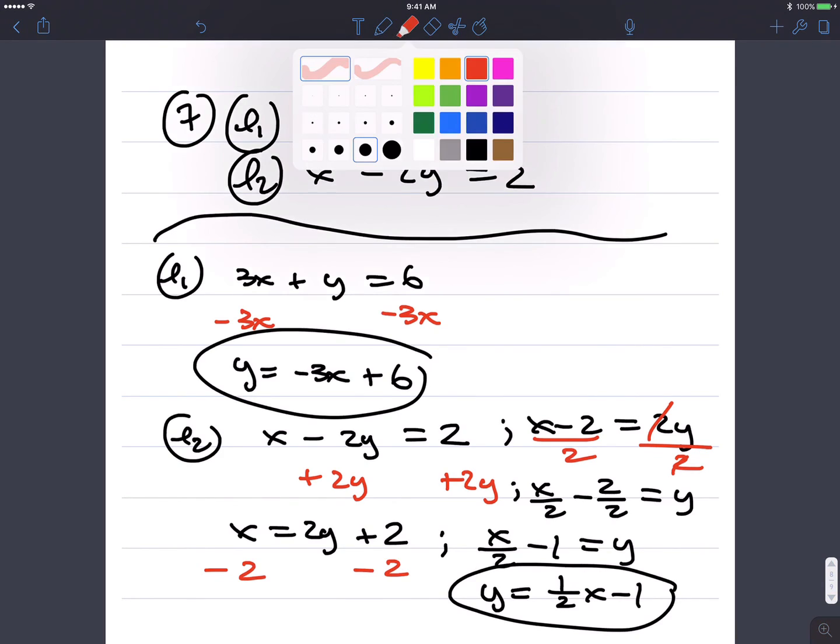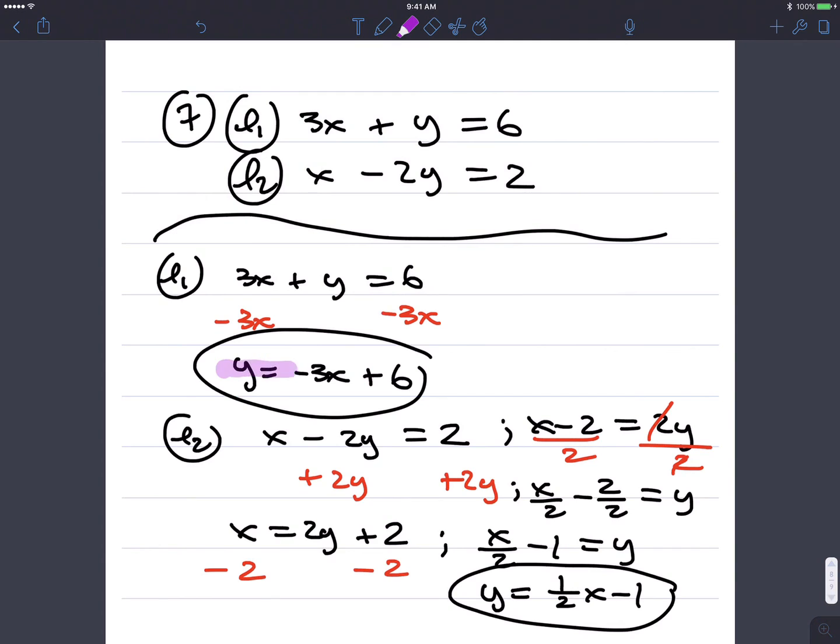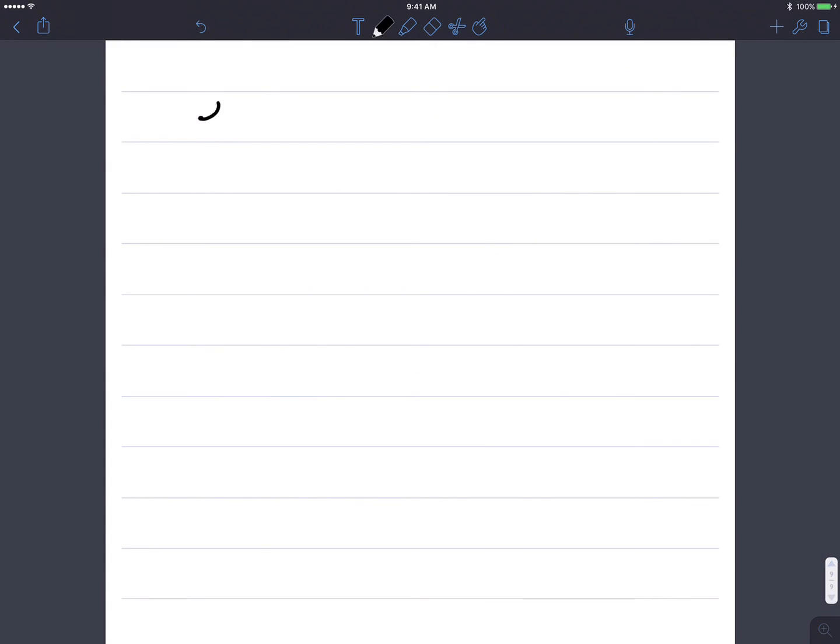Now, we're going to actually draw a purple line for L1 and a blue line for L2. Let's write down what we have. y is negative 3x plus 6. That's line 1.